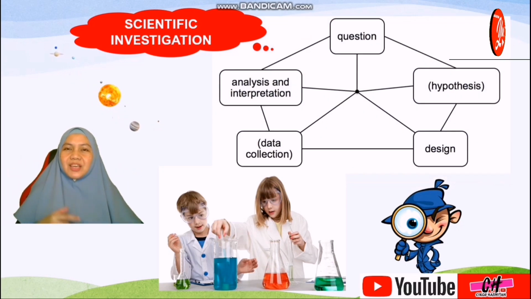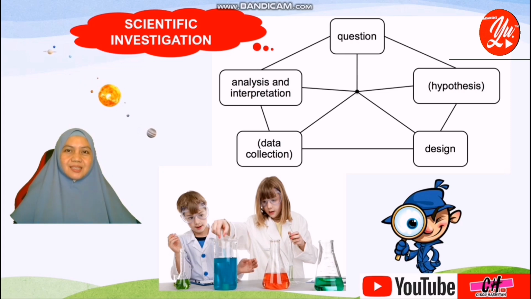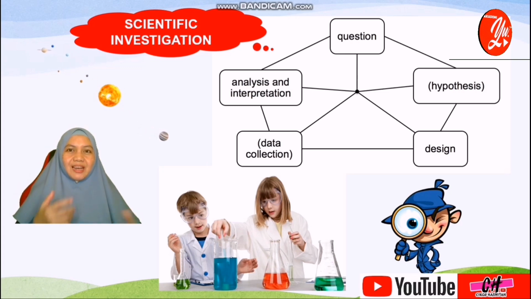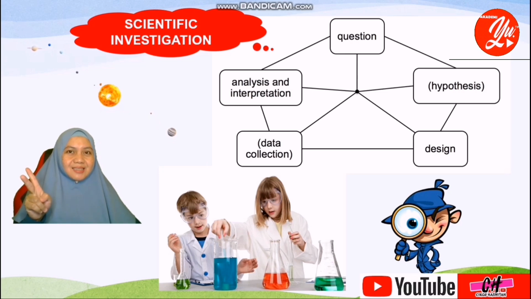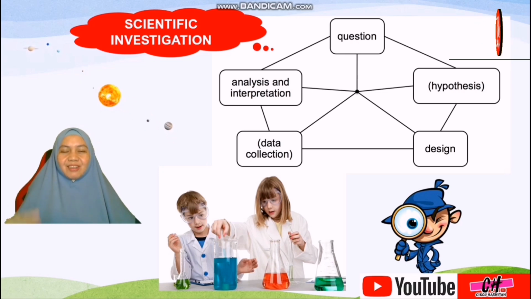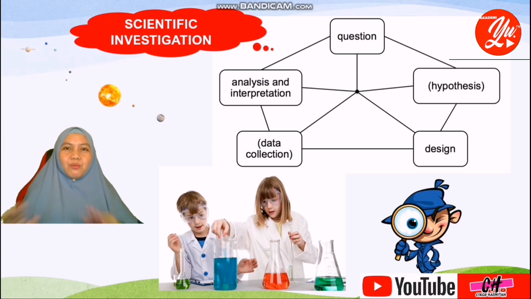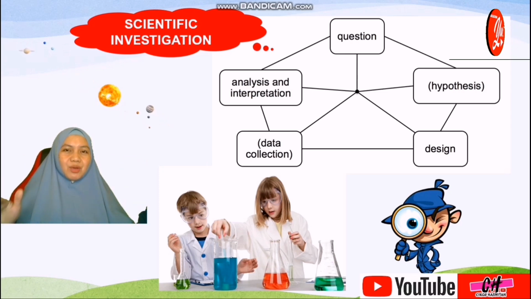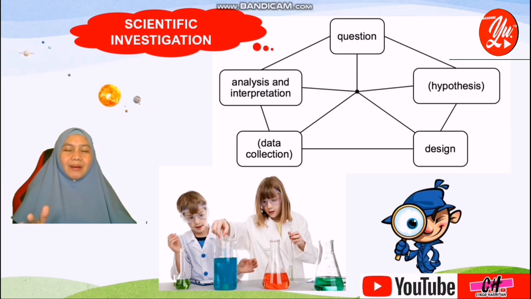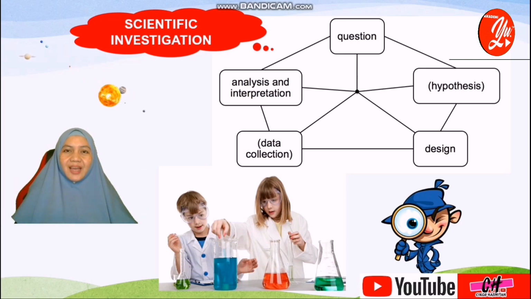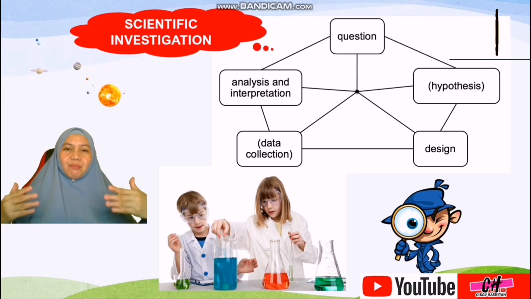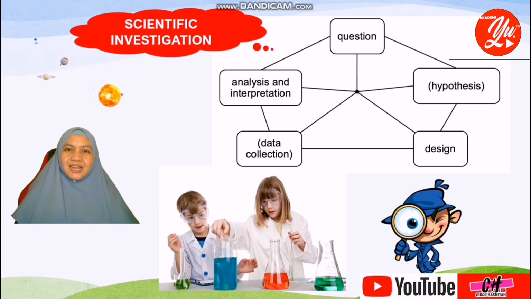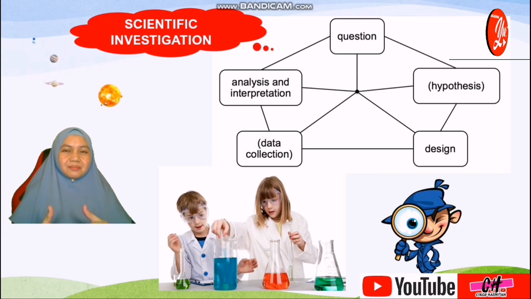And then from there, we come up with a hypothesis, an early prediction on the relationship between the 2 variables, namely the manipulated and responding variable. And then we will design the experiment. We come up with a suitable apparatus and material to run the test. And from there, we will do data collection. We present our data in a table, and from there we will do analysis of data and interpretation.